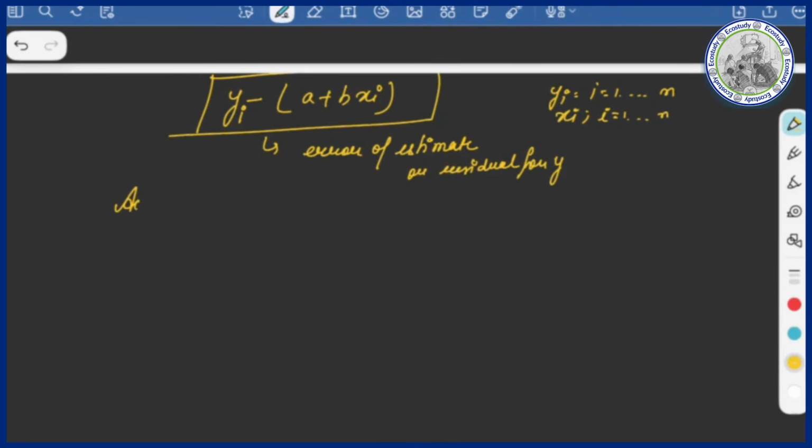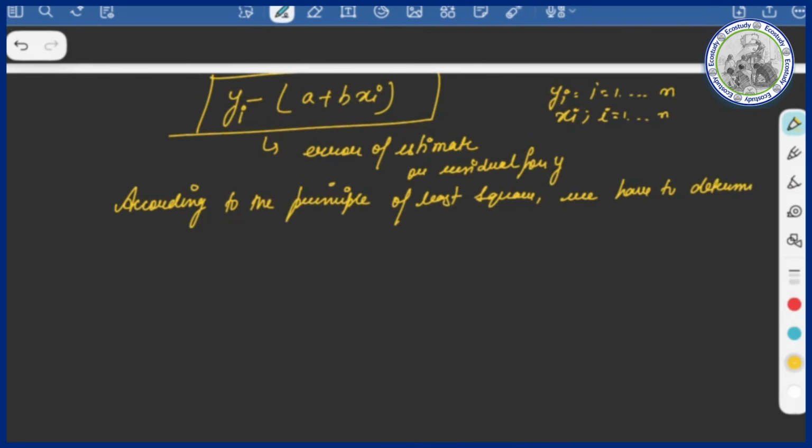According to the principle of least squares, we have to determine a and b.